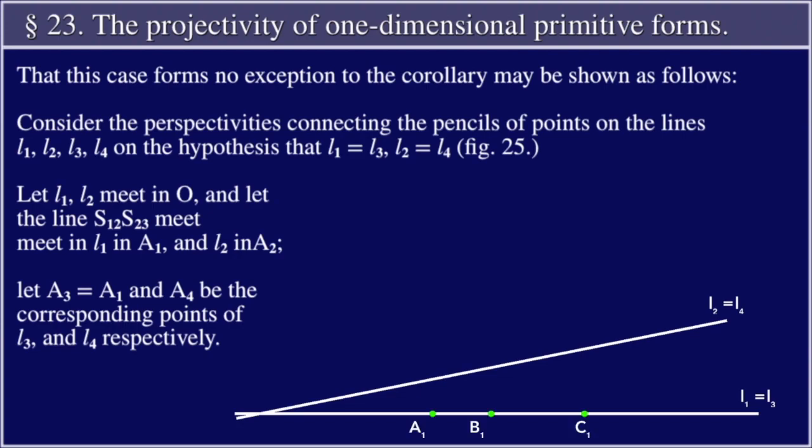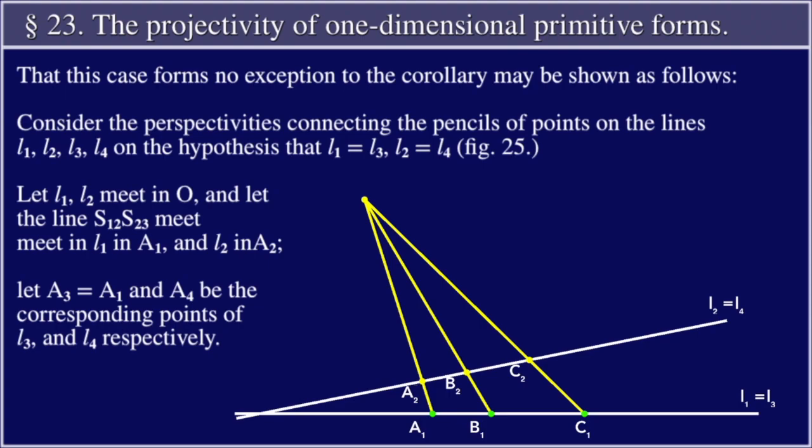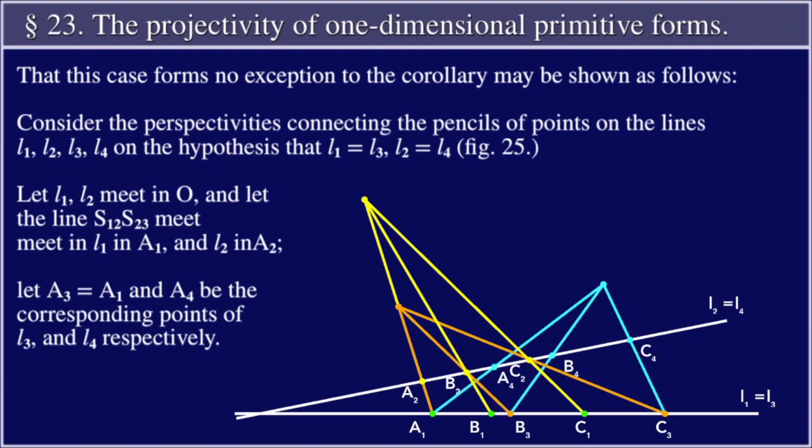Consider the perspectivities connecting the pencils of points on the lines L1, L2, L3, L4 on the hypothesis that L1 is equal to L3 and L2 is equal to L4, figure 25. Let L1, L2 meet in O, and let the line S12, S23 meet L1 in A1 and L2 in A2. Let A3 equal A1 and A4 be the corresponding points of L3 and L4 respectively.